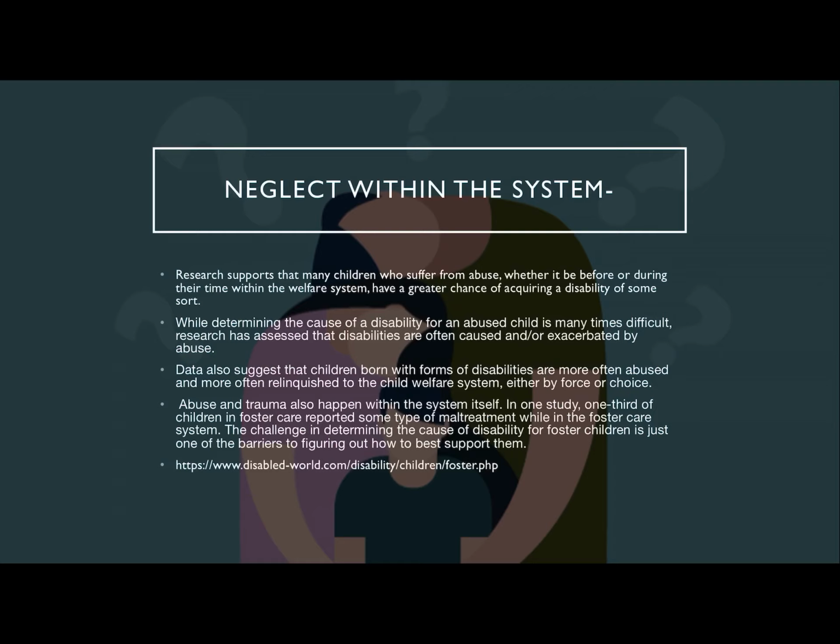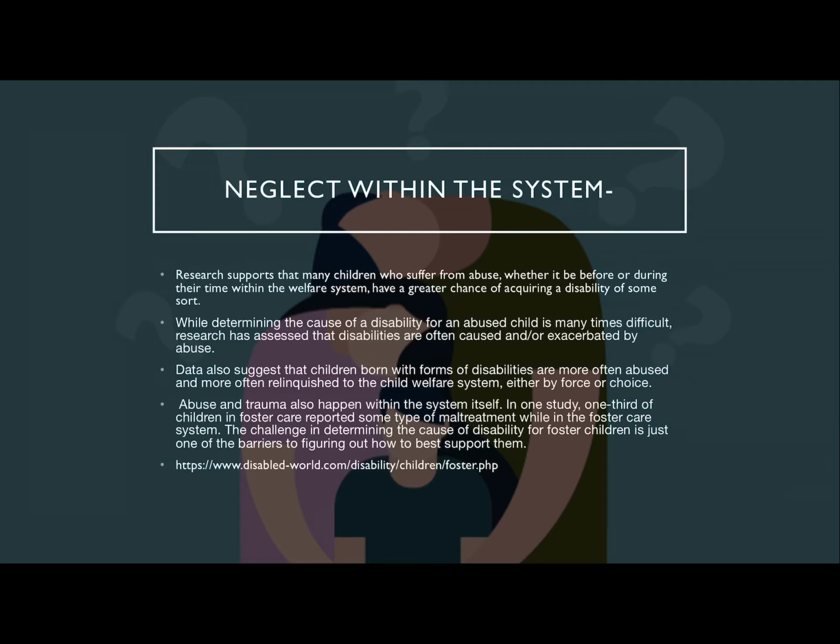So the number one reason that children are taken out of their homes is neglect and abuse, and foster homes are just adding a bigger stressor to that, as they also oftentimes endure some form of abuse. Data also suggests that children born with forms of disabilities are more often abused and more often relinquished to the child welfare system, either by force or choice.